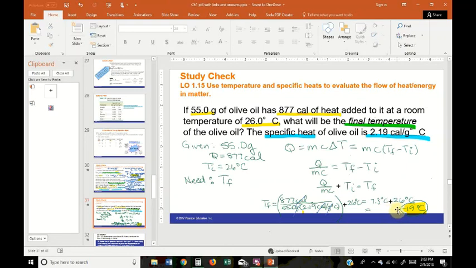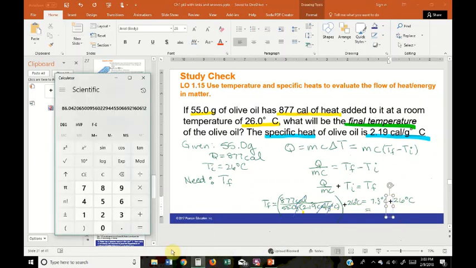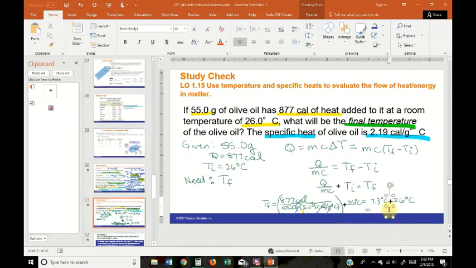Let's take a look. When I did my problem, I did not check to make sure that my answer was correct. Let's plug this into our trusty calculator. Let's clear it out. 7.3 plus 26 is going to give us 33.3 degrees.